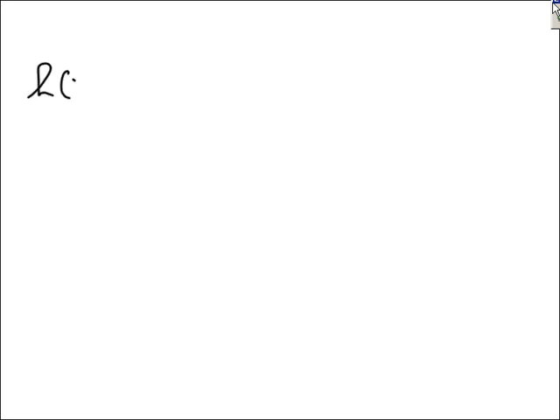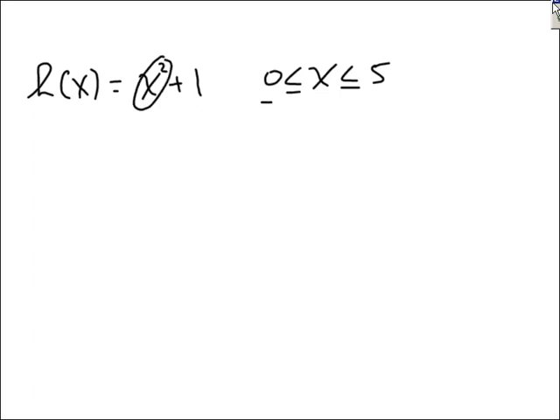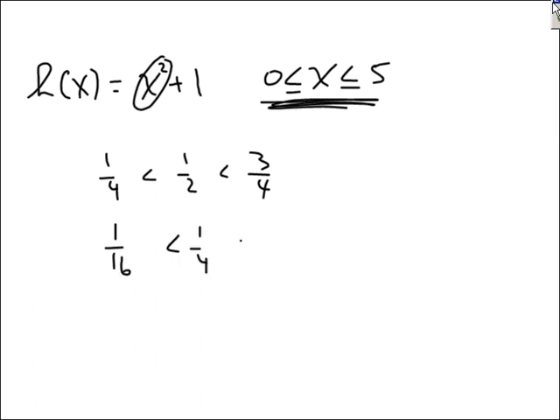So if you're told that h of x is equal to x squared plus 1, and I tell you x goes between 0 and 5. Well, none of these numbers are negative. When you square, I want to think if this is true. A quarter is less than a half, which is less than 3/4. And when I square them, okay.